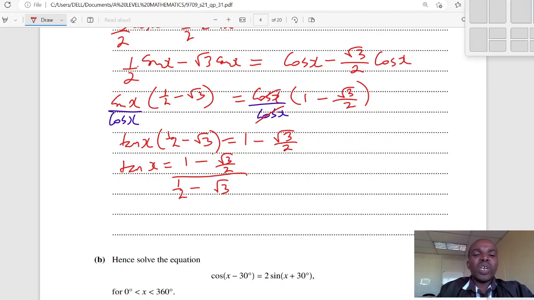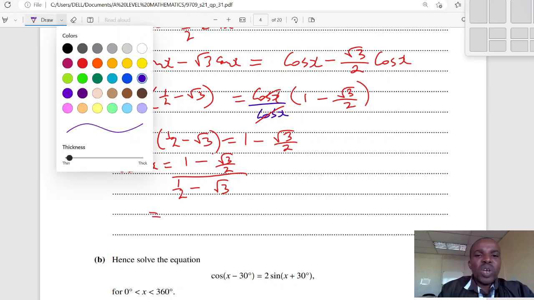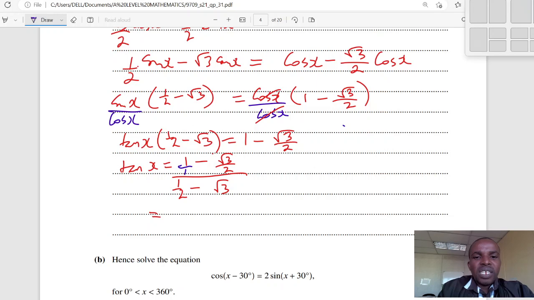Then after that, I have to express the numerator under one denominator and the denominator also under one denominator. In this case, this 1 is 1 over 1, and root 3 is root 3 over 1. Let me express the numerator under one denominator. The denominator of the numerator is 2, so 2 times 1 is 2, minus 2 into root 3, which is root 3.